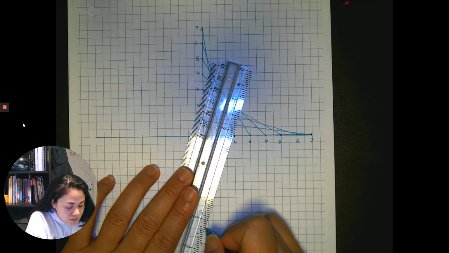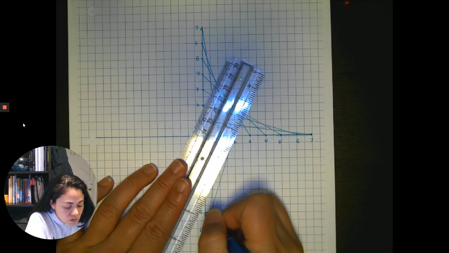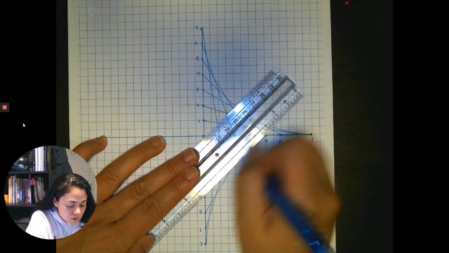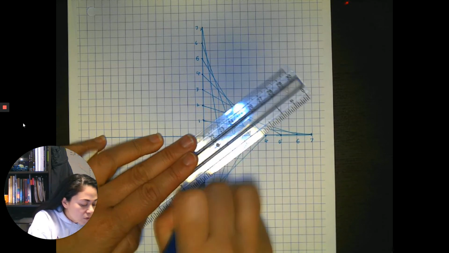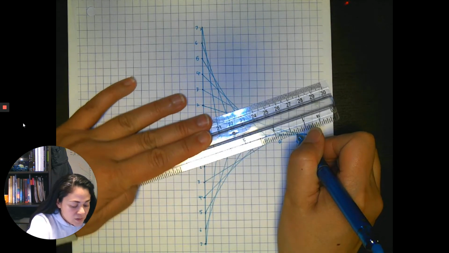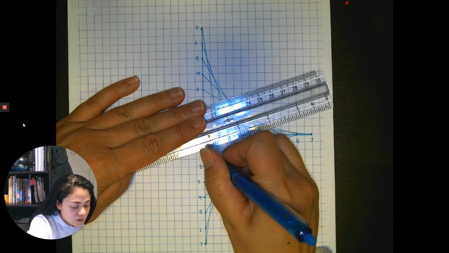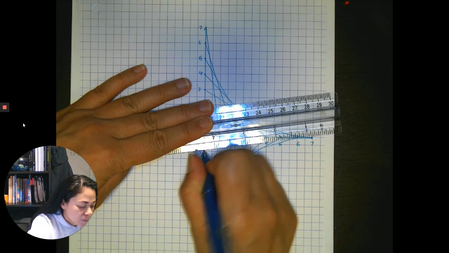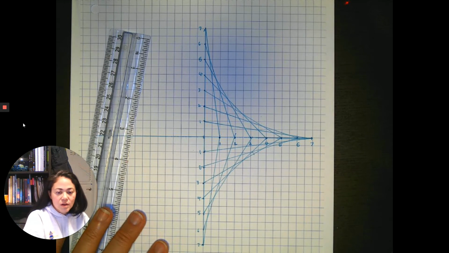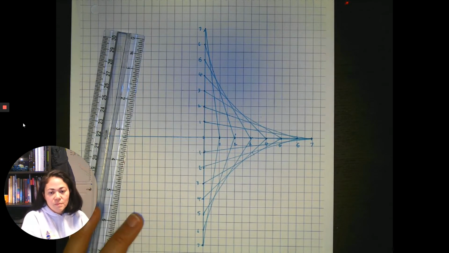And I'm going to connect again 7 and 1, 6 and 2, 5 and 3, 4 and 4, 3 and 5, 2 and 6, and 1 and 7. And you can really see that pattern start to reveal itself as well.